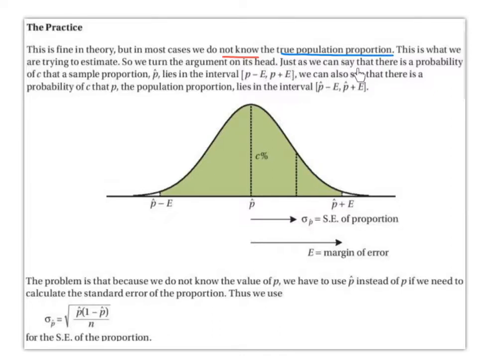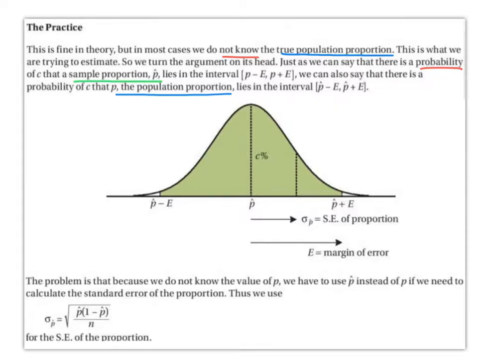Just as we can say that there is a probability of C that a sample proportion P hat lies in the interval P minus E, comma, P plus E, where the P's stand for the population proportion and the E's stand for the margin of error, we can also say that there is a probability of C that P, the population proportion, lies in the interval P hat minus E, comma, P hat plus E. So again, E is the margin of error.